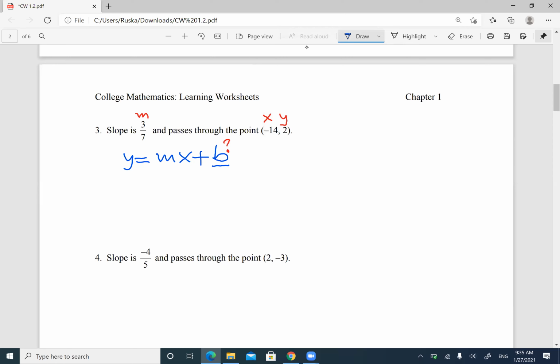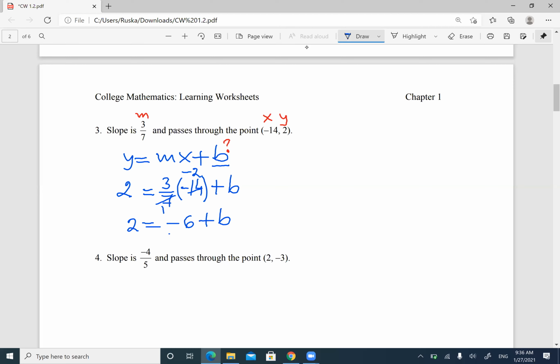So using the given slope, 3/7, the x is negative 14, the y is 2, and plus b. We're going to solve this for b. 7 and negative 14, you can reduce, divide by 7. So this is 1, this is negative 2. So far we have 2 equals negative 6 plus b.